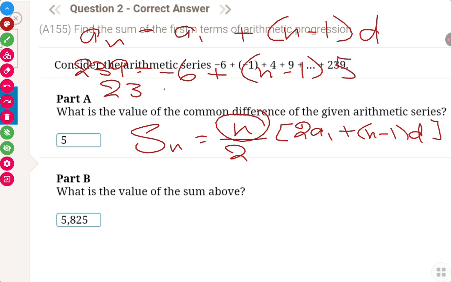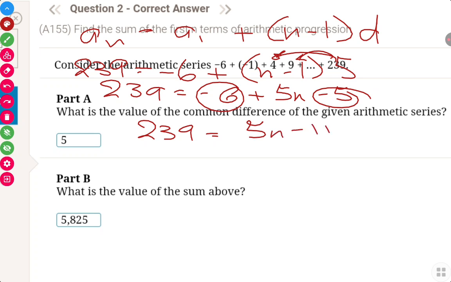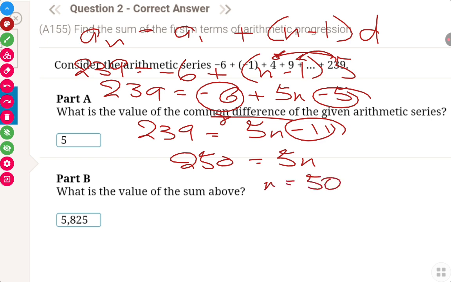So 239 equals negative 6 plus, spread the 5 out into the brackets, 5n minus 5. 239 is equal to negative 5 plus negative 6 is negative 11, so 5n minus 11. Bring 11 to the other side, becomes 239 plus 11, which is 250, equals 5n. n is equal to 50, okay?